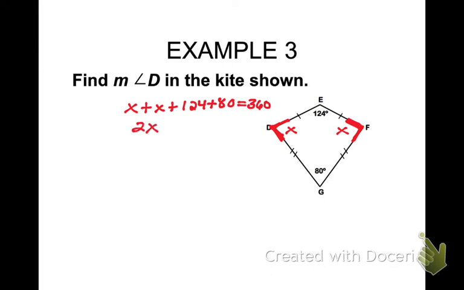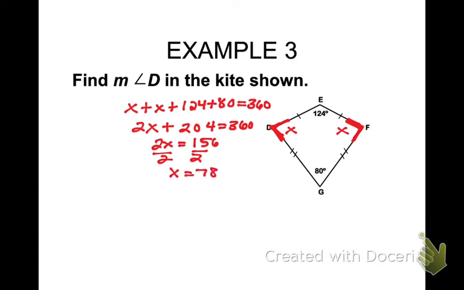So now I have 2x plus 204 is equal to 360. 360 minus 204 is, oh my goodness, it's late in the game. What is that? I can't even type it into my calculator correctly. It's 156. Whew. Is equal to 2x. Dividing that by 2 gets us x to be 78.